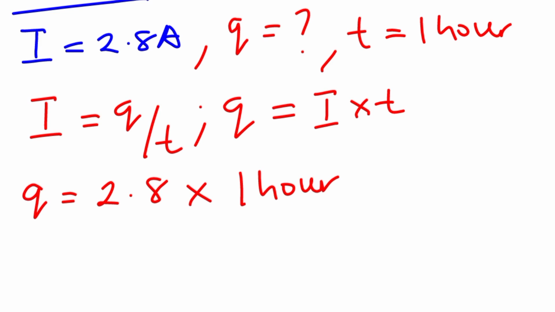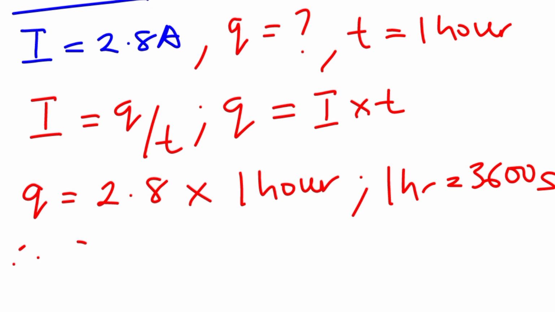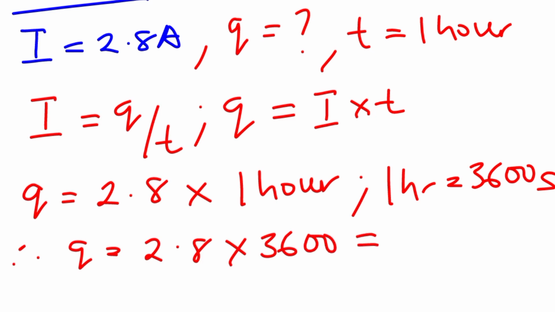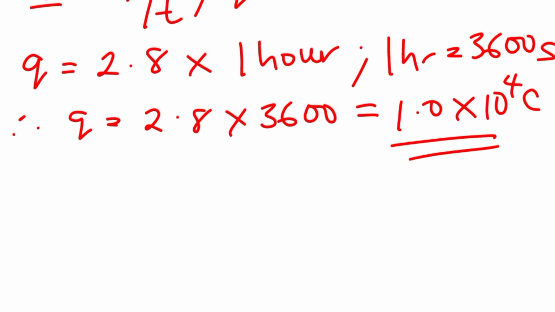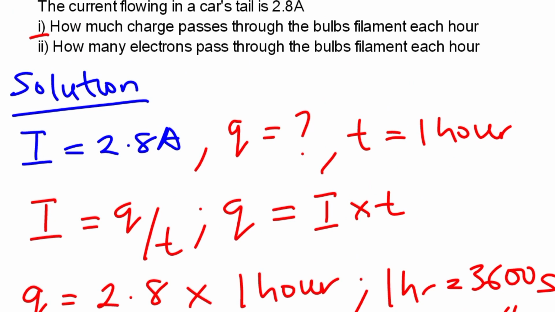Since an hour equals 3600 seconds, Q equals 2.8 times 3600, which equals 1.0 times 10 to the power of 4 coulomb. That's the charge.